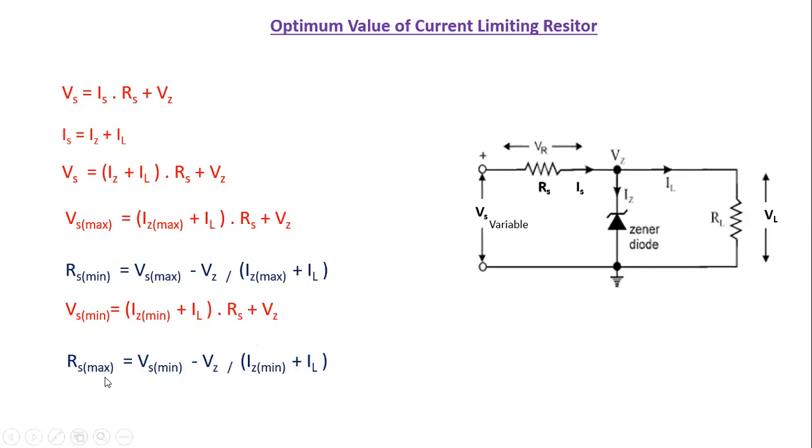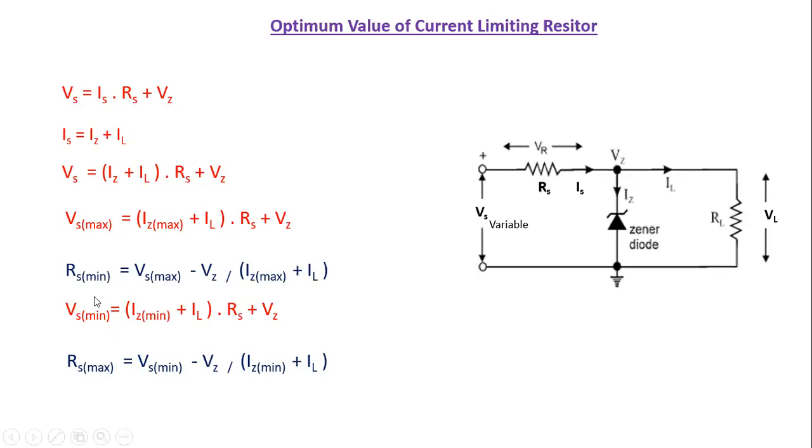You cannot conveniently keep changing the value of the current limiting resistor, but since the current through the zener can vary between Iz maxima and Iz minima, the resistance value should be chosen in such a way that it is within the Rs minima and Rs maxima value.